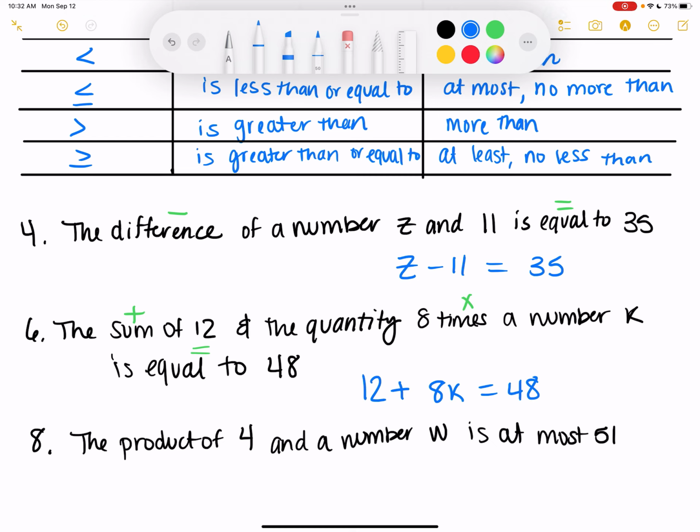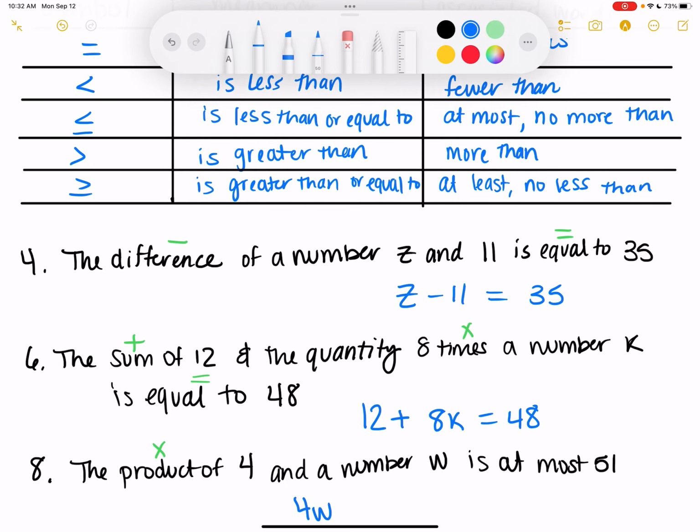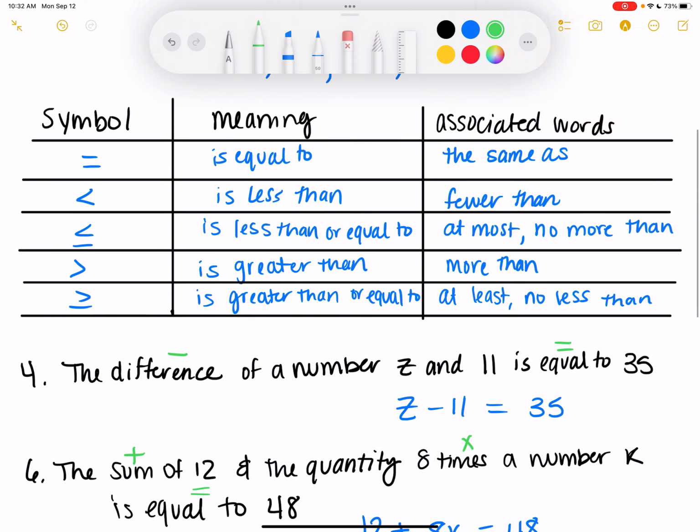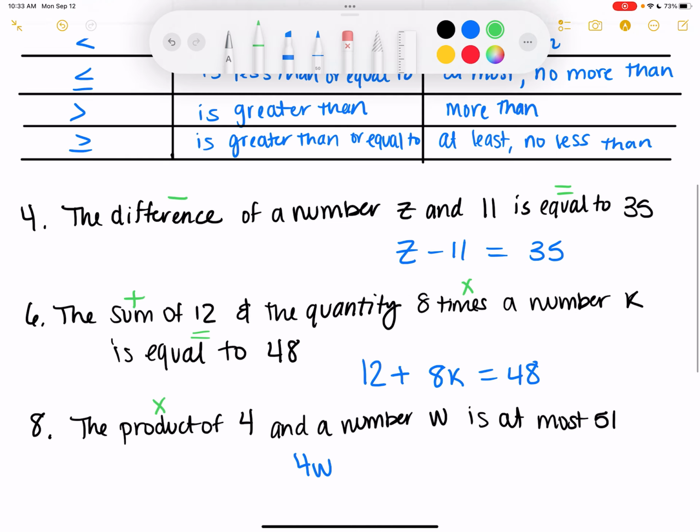Product. So product is going to be multiplication. So 4 and the number w, that's going to give us 4 times w. And then it says at most. If we go back up to the chart, at most goes with less than or equal to. So we would have 4w is less than or equal to 51.